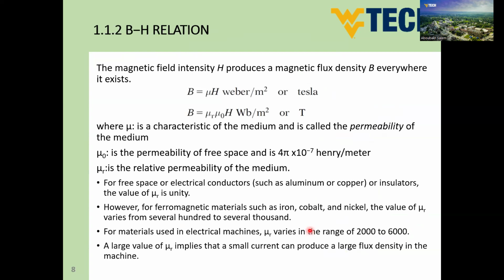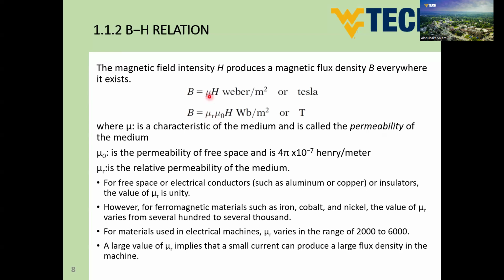Now, we agreed together that the flux density equals mu times H. Mu is the permeability. Actually, this permeability has two separate parameters.